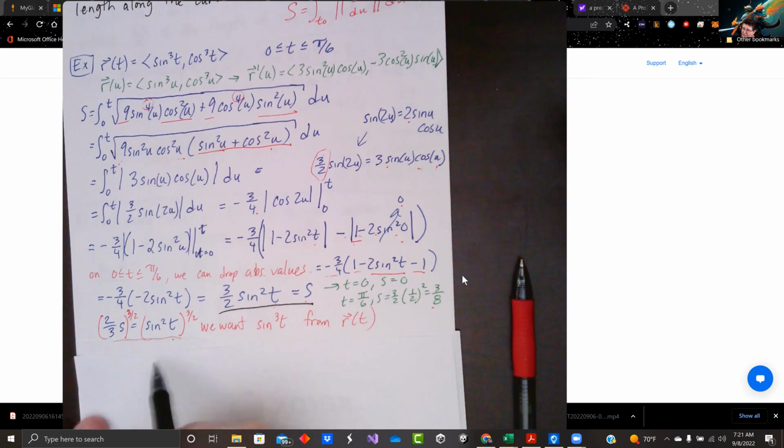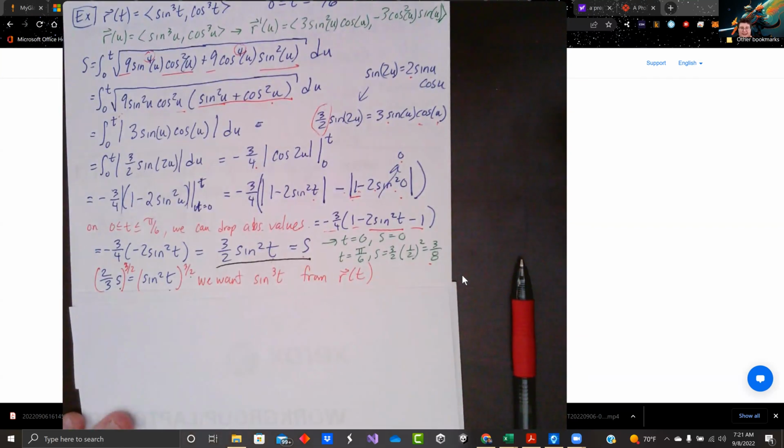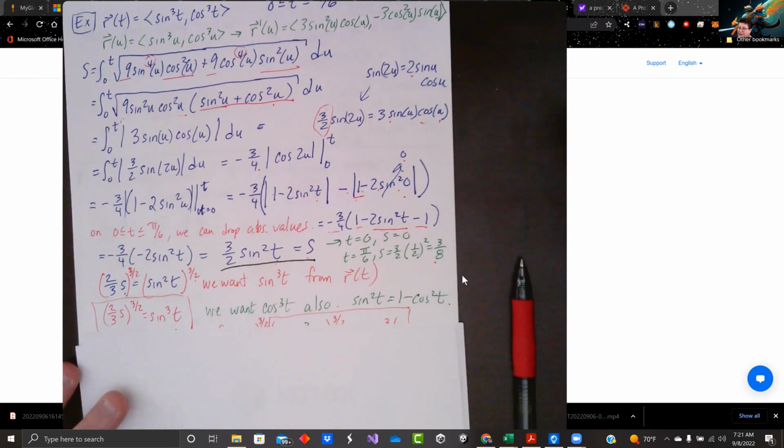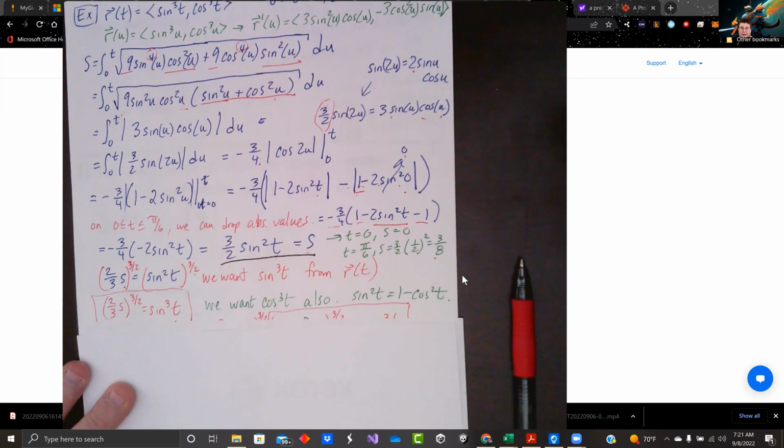And if I want to end up with sine cubed and I've got sine squared, I need to raise it to the 3/2 power, because the 2 will cancel out the 2 and I'll have sine cubed. So I've got to do that on the left. So that's what it looks like. Sine cubed t goes to 2/3 s to the 3/2 power.